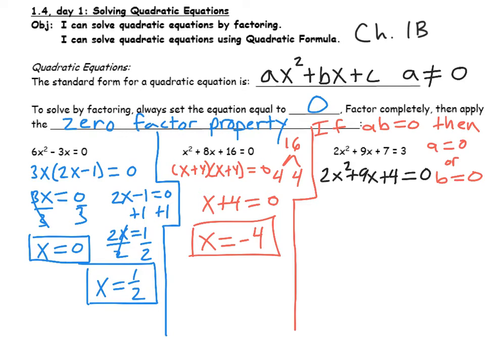All right, we need to factor, but a isn't 1, so we'll use our guess and check method. Not too bad. Really running out of room over here. I need to look at factors of 4, which would be 2 and 2, or 4 and 1. To get a middle term of 9, I feel like I have to have a 4 in there somewhere. 2s aren't going to get it done.